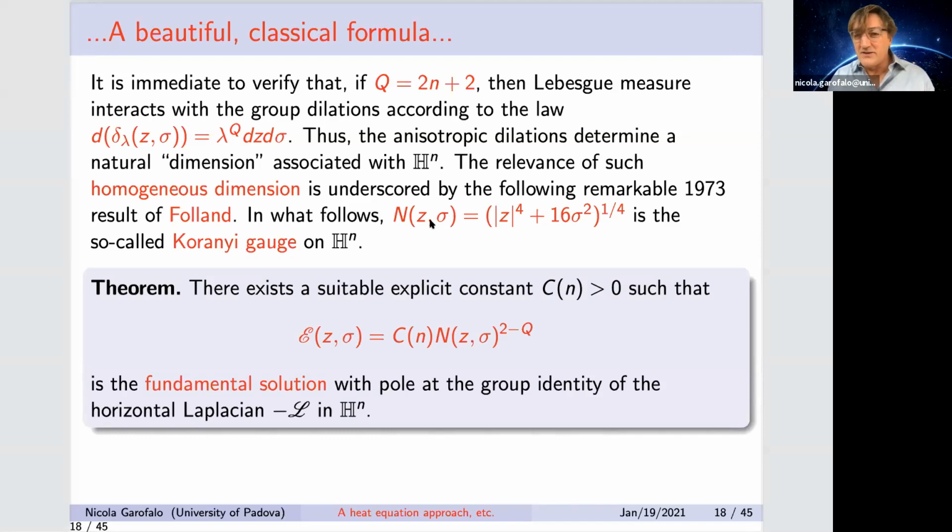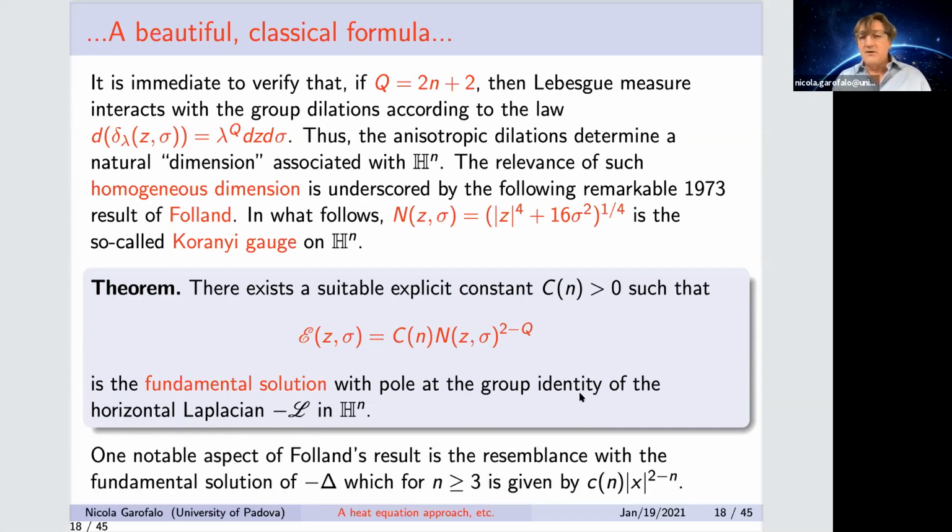I know it's written on the slides, but I cannot read my slides because I see some of your pictures there. So Folland's theorem says that the fundamental solution of this horizontal Laplacian is given by this object here, this gauge, to the power 2 minus q. This is quite remarkable, right?